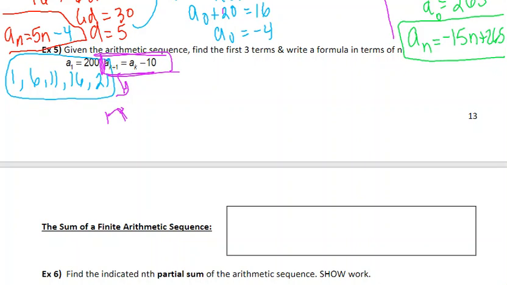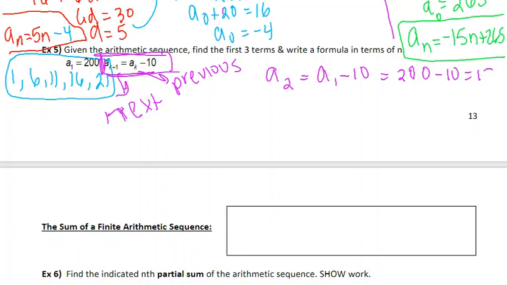The next term is the previous term minus 10. So to find the second term, I'm going to do the previous term, which is the first term, minus 10. That is 200 minus 10, which is 190.